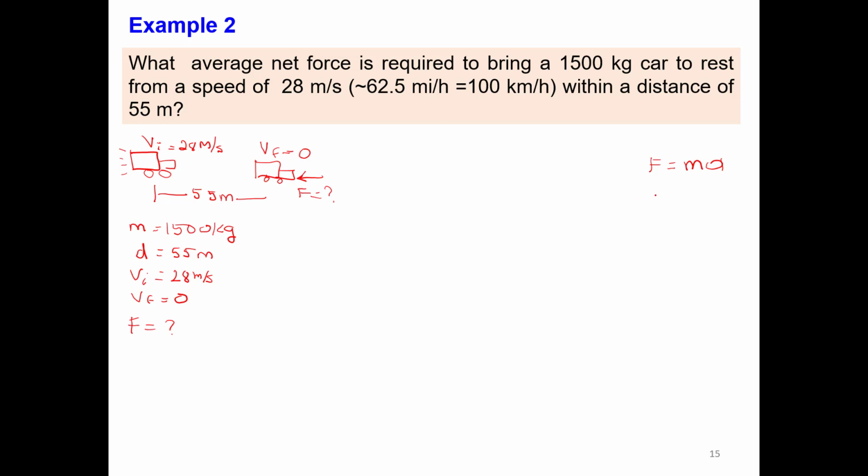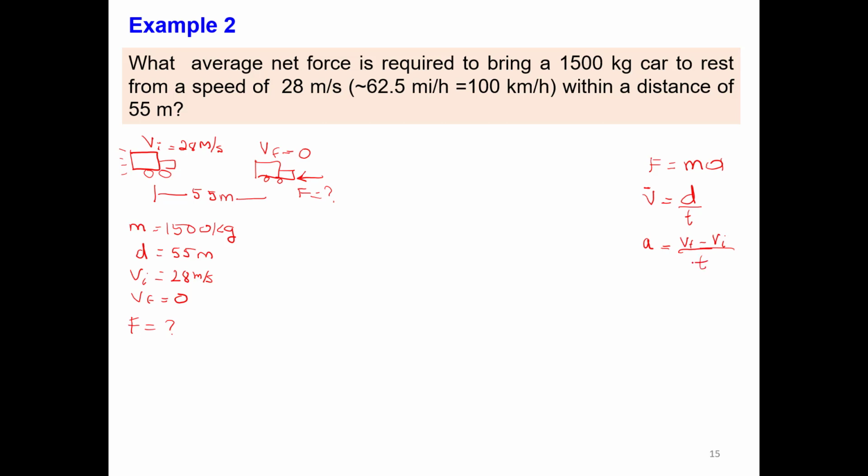Now, because the velocity changes, we know we need to apply the equations related to constant acceleration. And we will assume the car is moving at constant acceleration. Then this one is distance divided by time. This is one of the equations. The other is the definition of the acceleration: the change in velocity over time.